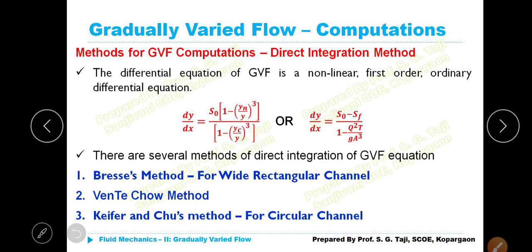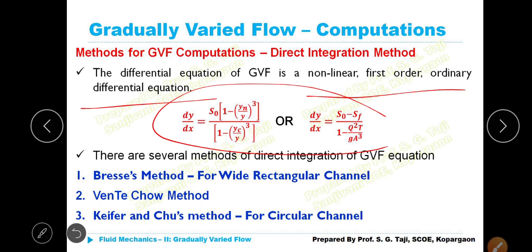Now, the differential equation of GVF is a nonlinear first order ordinary differential equation that we know. That is dy by dx is equal to S0 multiplied by 1 minus (yn by y) whole cube, upon 1 minus (yc by y) whole cube, or dy by dx is equal to S0 minus Sf divided by 1 minus Q squared T by g A cube.